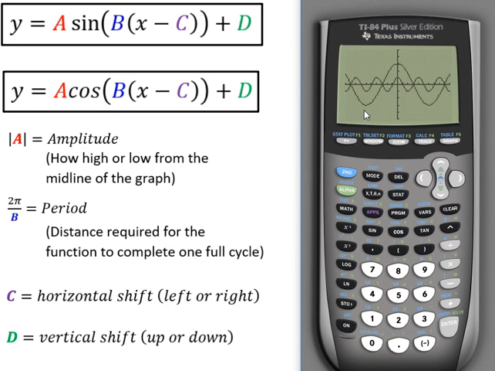So now not only is it going to be bigger, but it's also going to take more time to get our full period, our full wavelength, because we would take that 2 pi and divide by 1/3. So now our period is going to be 6 pi, and it's going to take even longer to get all the way out. That's what a combination of these things will look like.